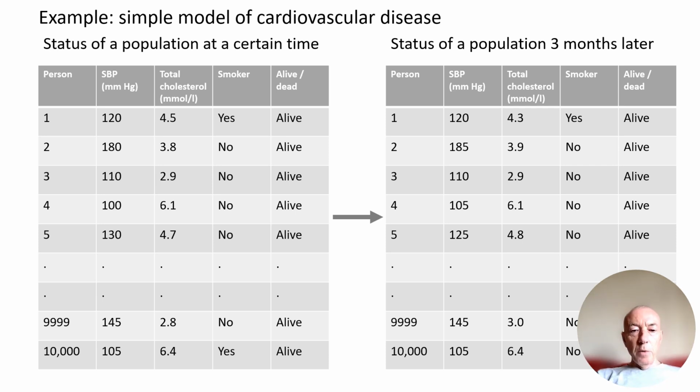And then with our model, we will define how to update values, in this case again 3 months later, for each of these variables for each individual. And so you see the values for some individuals have changed from one 3-month period to the next. And an individual-based model is really all about how we define those rules for updating values of each variable for each individual in each time step.